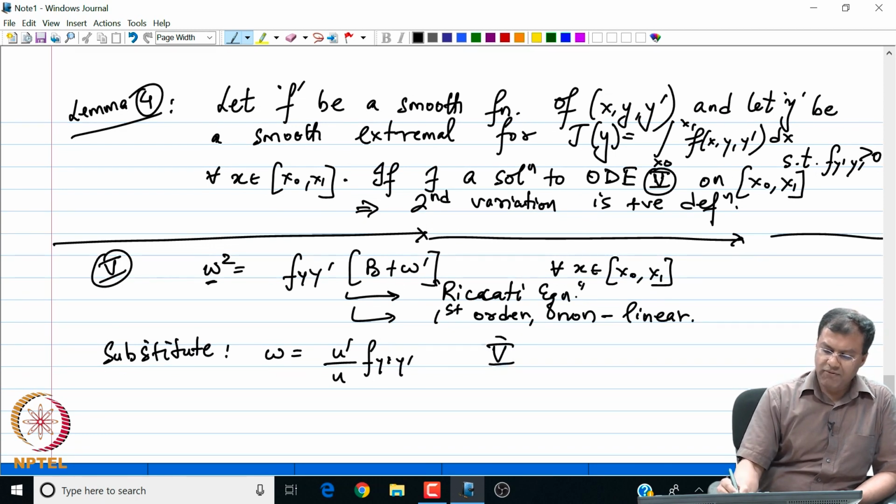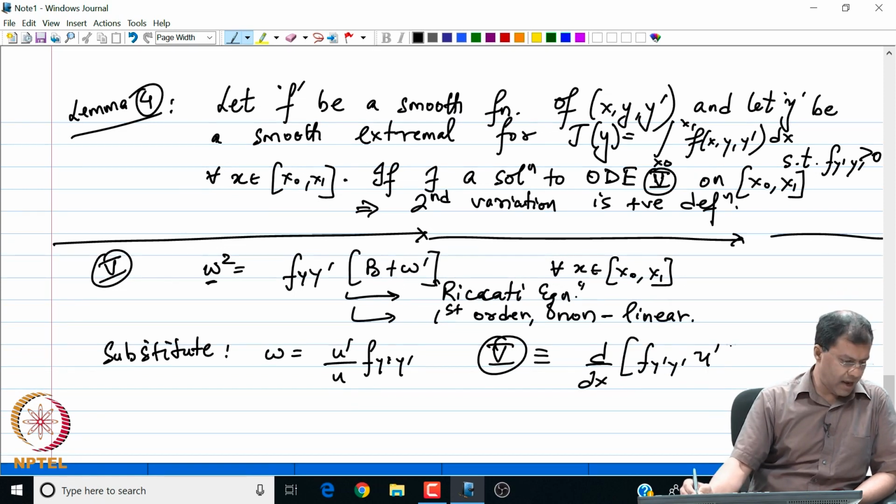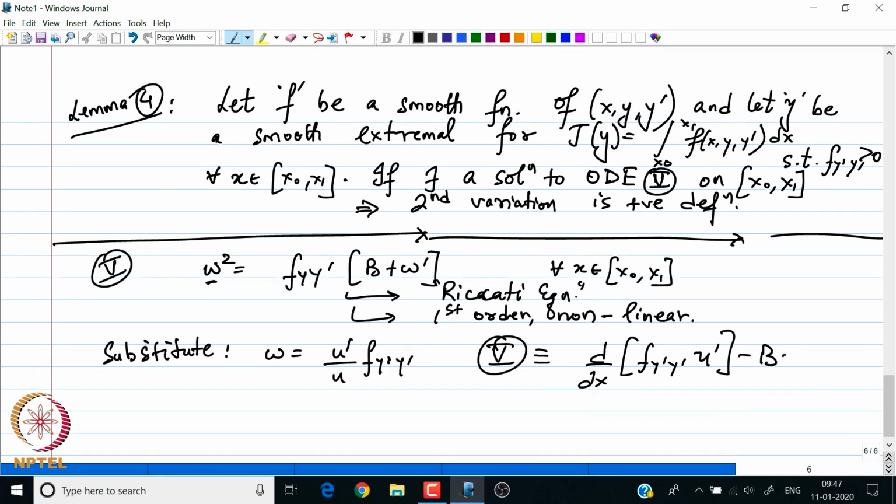So, in this case my 5 is identical to the following. My expression 5 is d dx times f y prime u prime minus b of u is equal to 0, where my quantity b is f of y minus the total derivative with respect to x of f y prime y prime. So, this is my b.